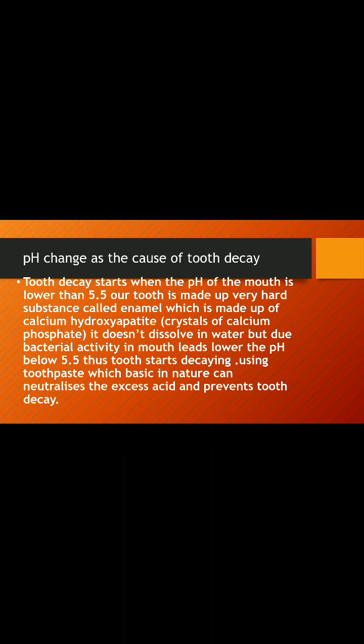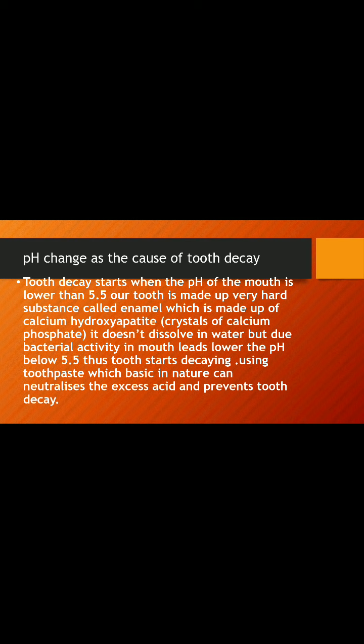And pH as the cause of tooth decay. Tooth decay starts when the pH of the mouth is lower than 5.5. Our tooth is usually made up of a very hard substance called enamel, which is the hardest substance in our body, and which is made up of calcium hydroxyapatite, that means crystals of calcium phosphate.